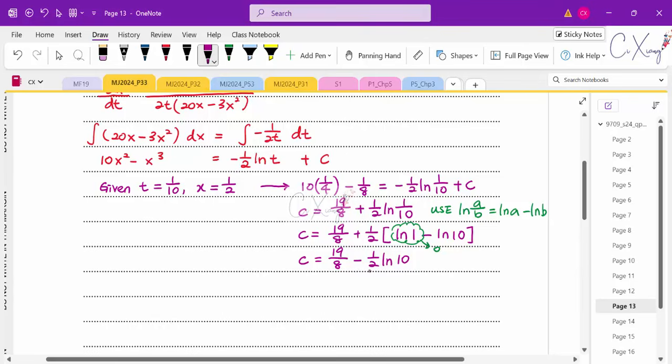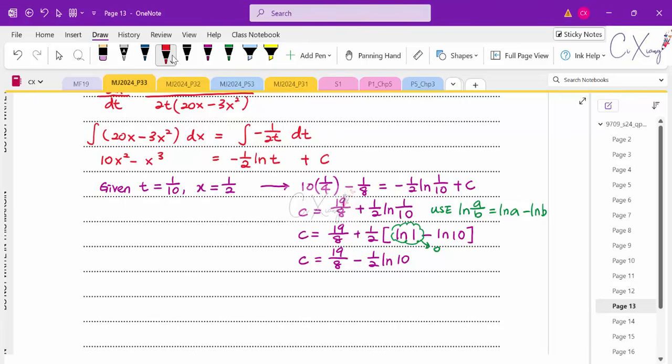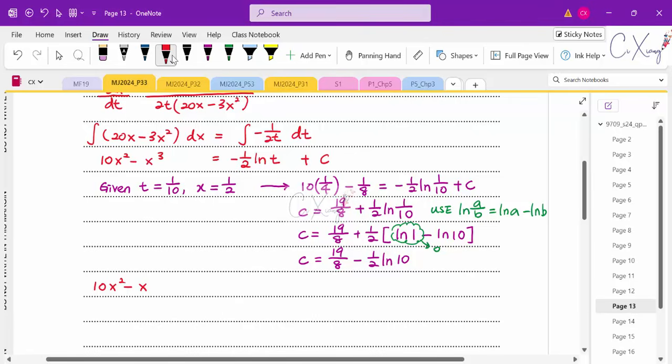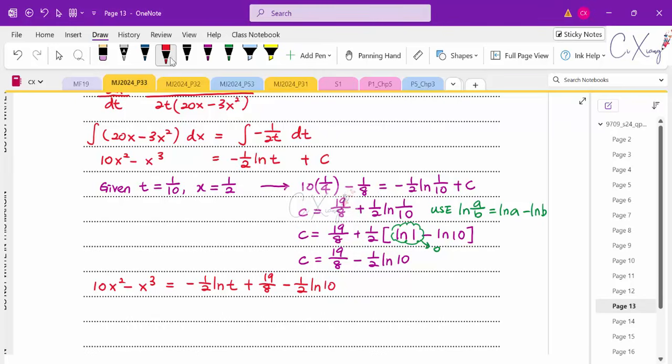Okay, so after I get the value of C, only then I substitute it back into the equation here. Then I start rephrasing my answer to become t in terms of x. So C is 19 over 8 minus 1 over 2 ln 10. Okay, so first step, I want to group all the terms with ln together.